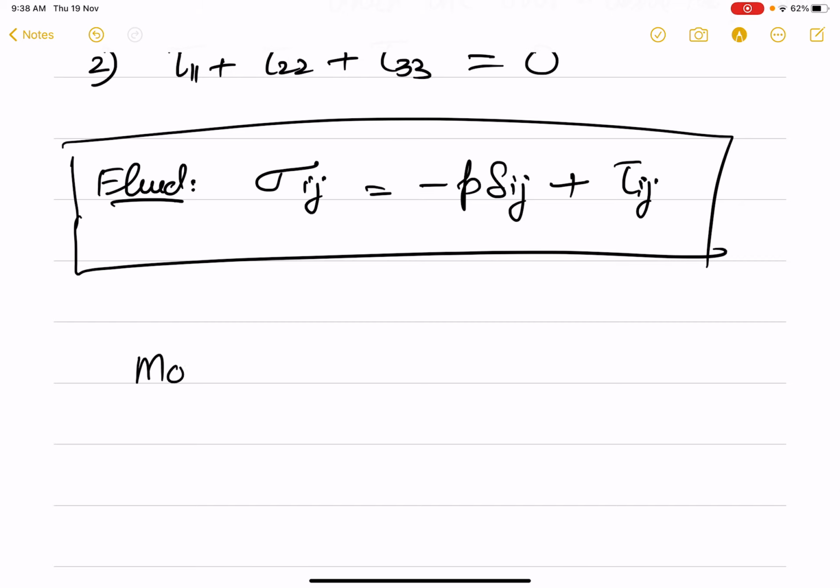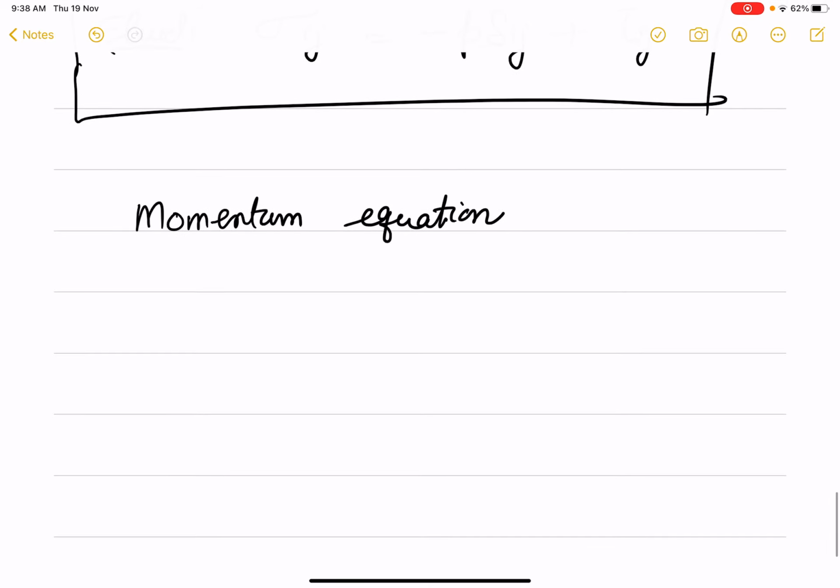Next, we move to the momentum equation. And the momentum equation, if you look at it, is nothing but Newton's second law.